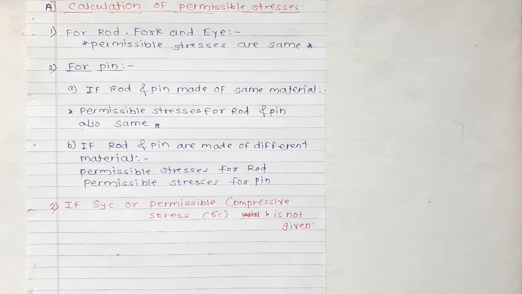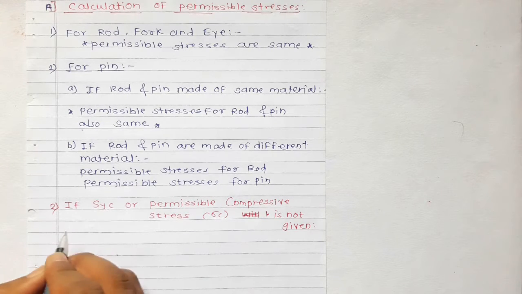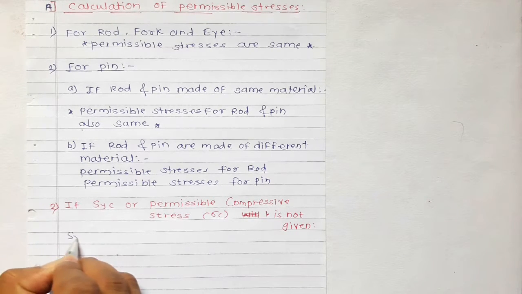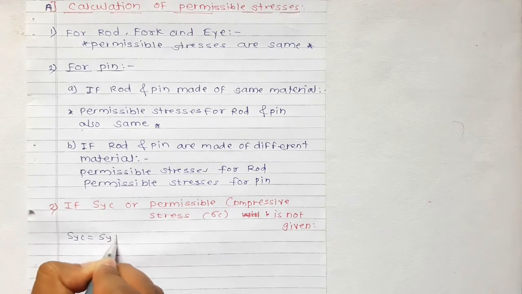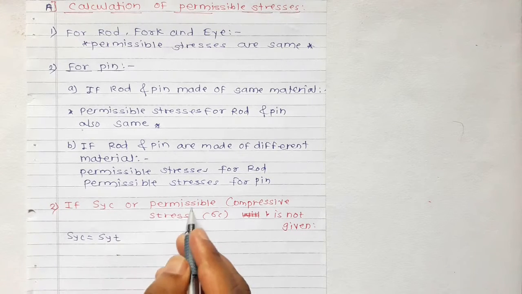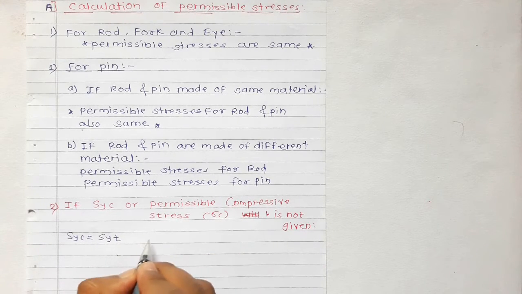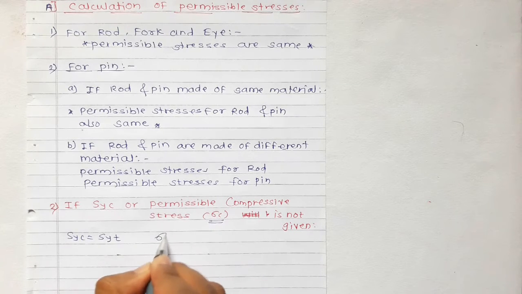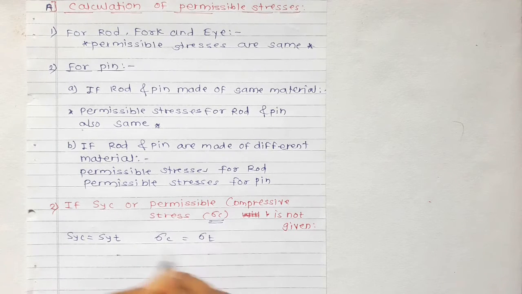Now the next point is, if SYC or permissible compressive stress sigma C is not given, then we can take SYC equal to SYT, or if the permissible tensile stress is given, then we can take permissible compressive stress sigma C equal to permissible tensile stress. This point is very important.